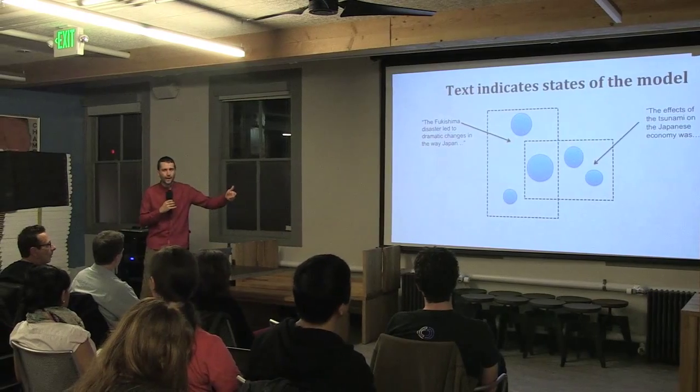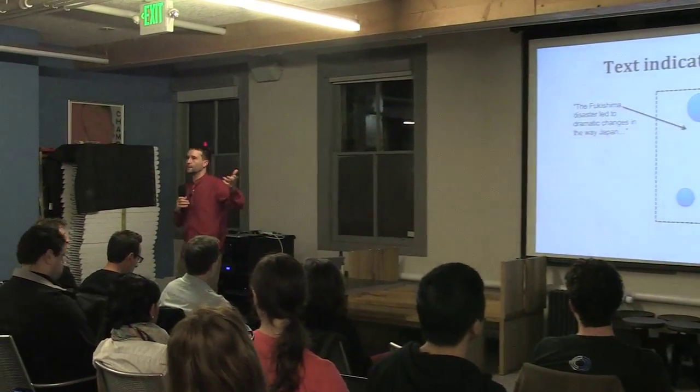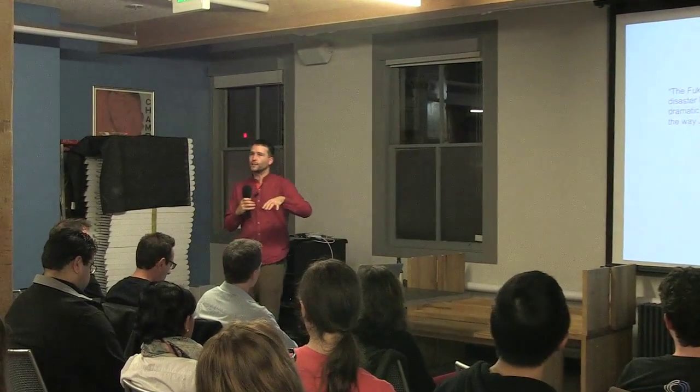So you could imagine how the Fukushima Daiichi disaster and the tsunami were related. They were part of some larger system that, if you were modeling it, certain parts of it would be described as being the tsunami, and certain parts of it would be described as being Fukushima.